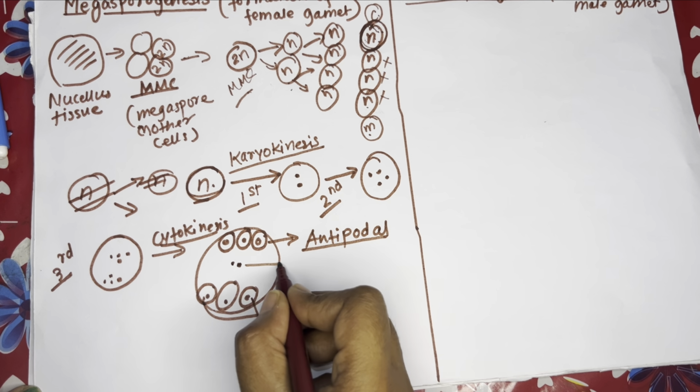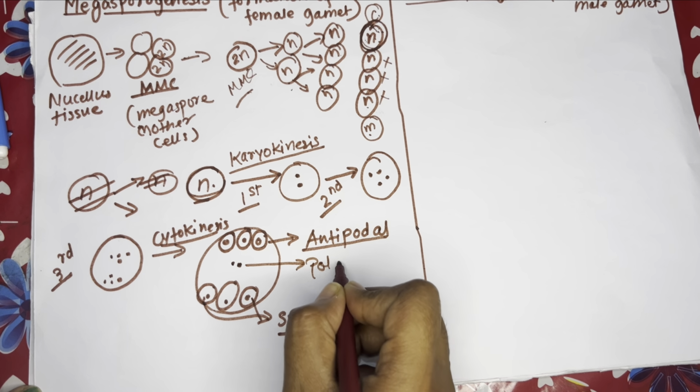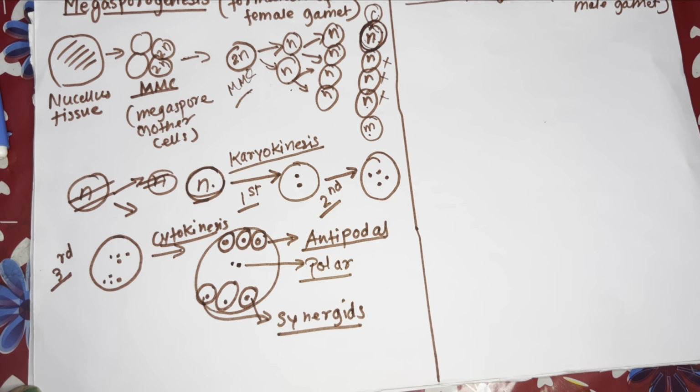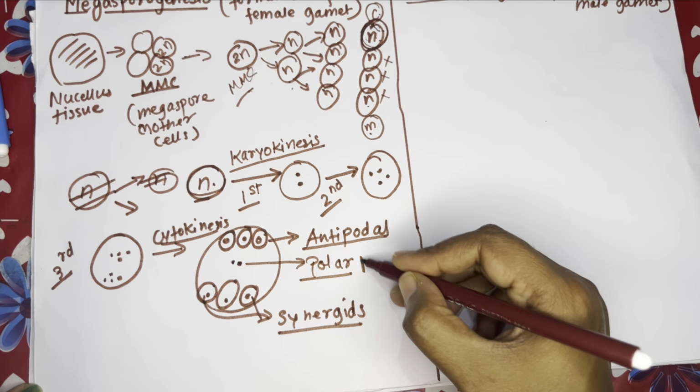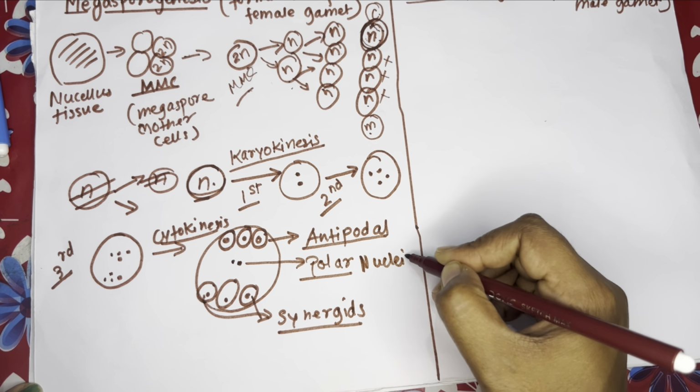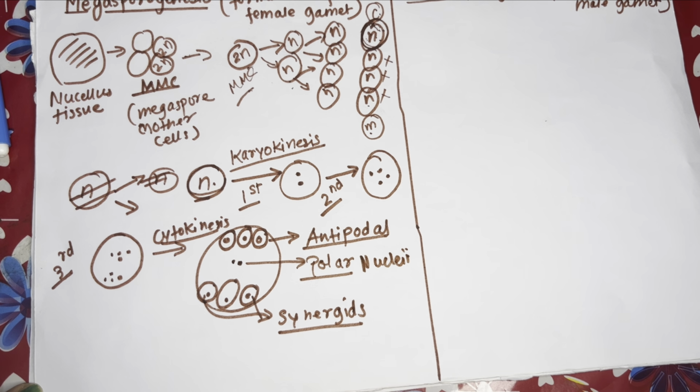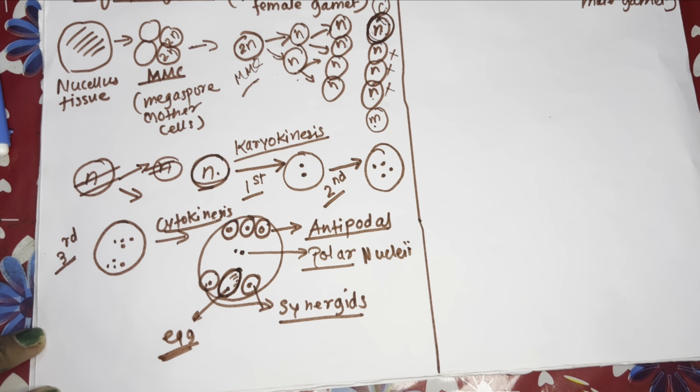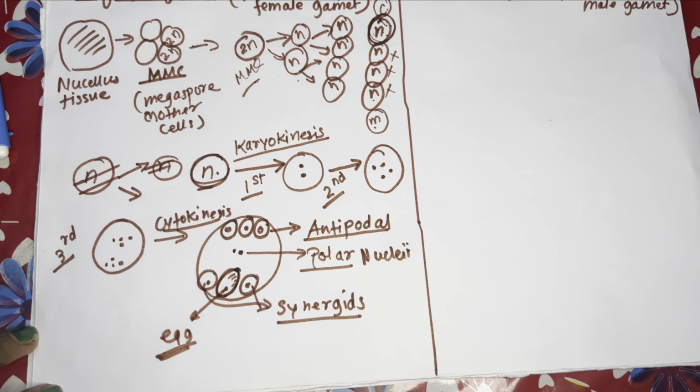These 2 nuclei will be called polar nuclei. And the middle, this bigger cell, this is our egg, which is the plant gamete. Okay, female gamete for the plants.